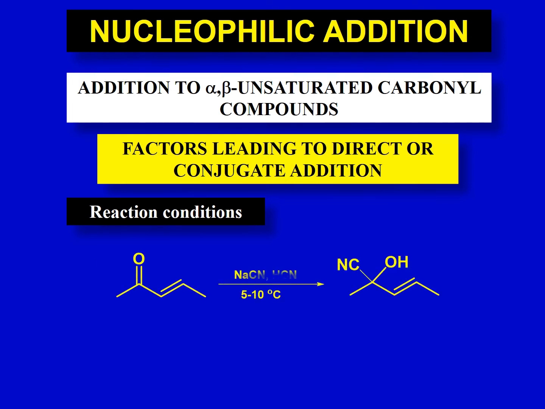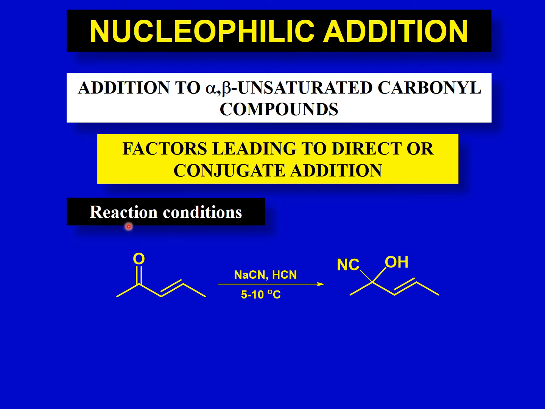We have the simplest of the alpha beta unsaturated carbonyl compounds. It's a ketone which has a double bond at the alpha and beta position. When you react it with sodium cyanide in the presence of HCN at 5 to 10 degrees centigrade, this means a low temperature.